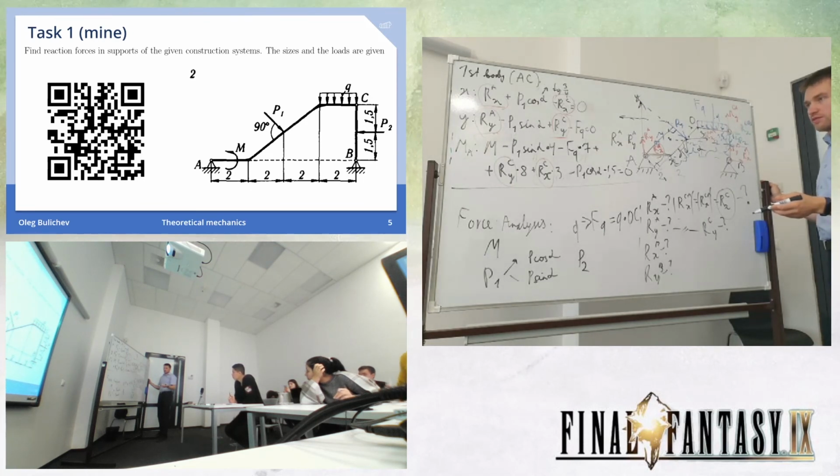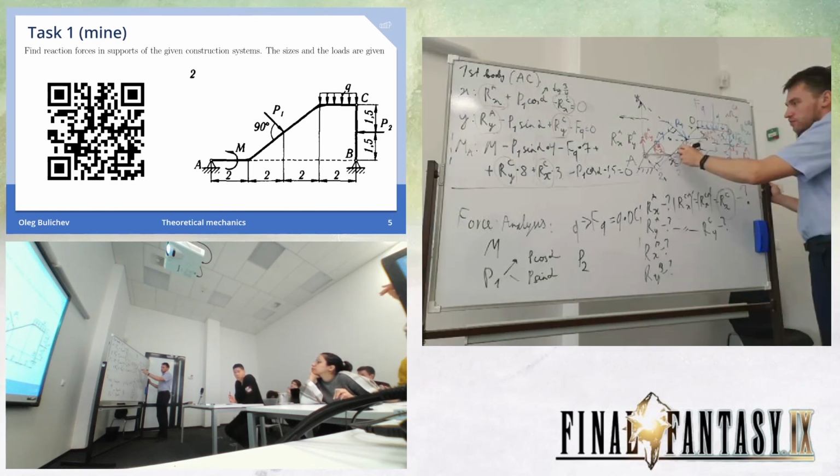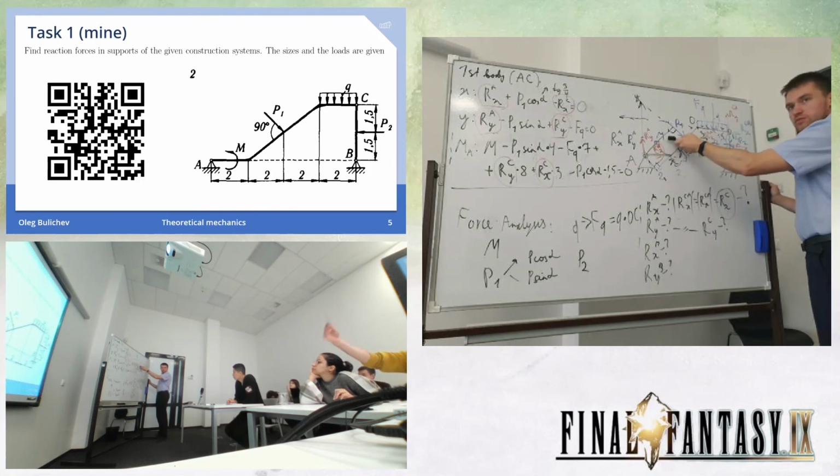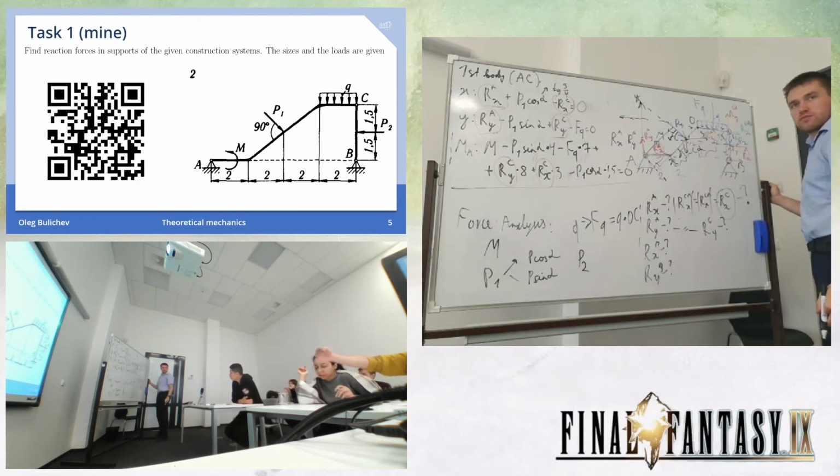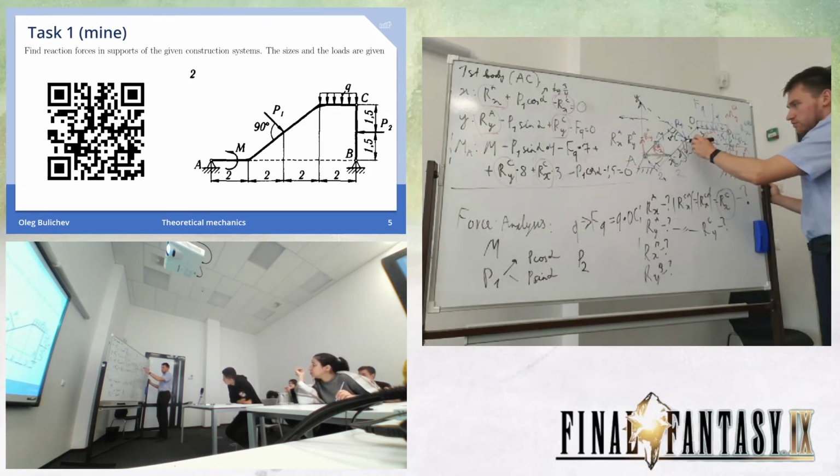Why? Because P1 is at an angle, and if we take the parallel, alpha would be the angle from the bottom, not the top. It will be under the line. So we found this alpha.